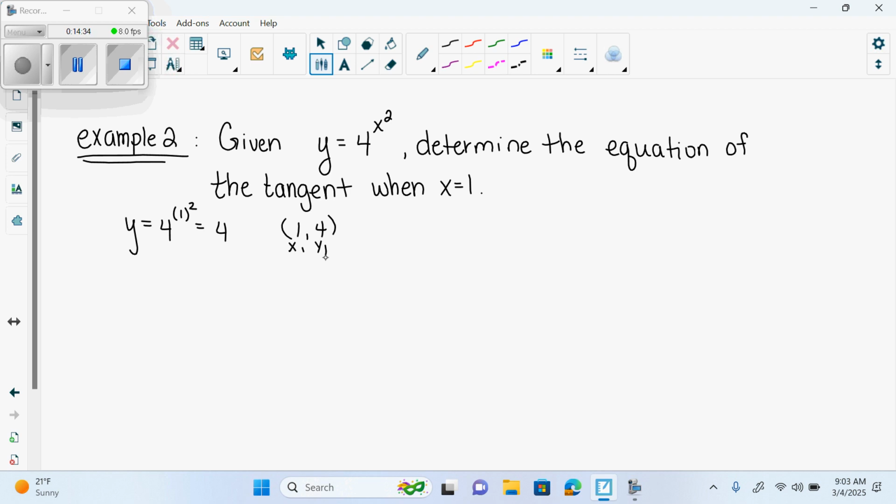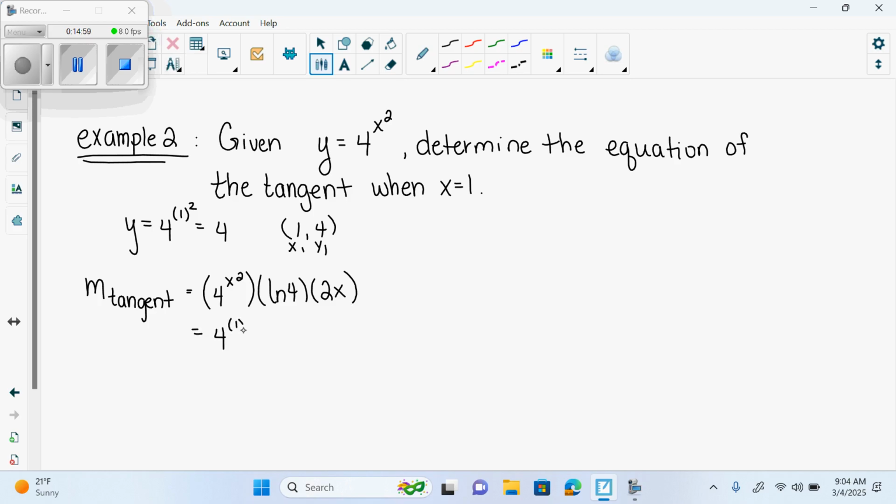Then I need my m tangent. My m tangent is a fancy way of saying what? First derivative. So it's numerical base to variable exponent. We rewrite it: ln the base, derivative of the exponent. And then I have to plug in a 1, correct? Because this is the general m tangent.